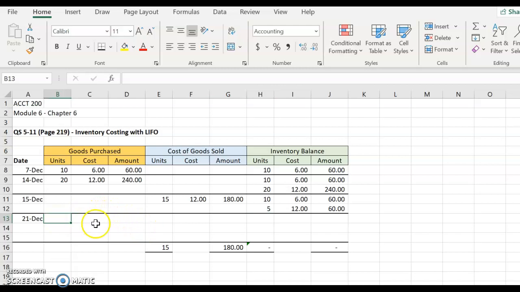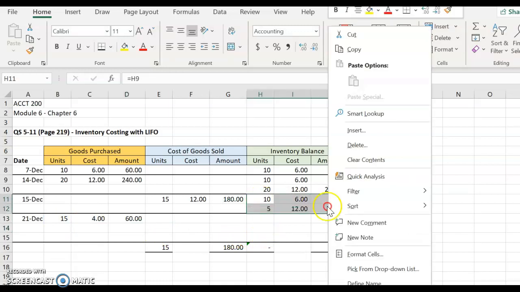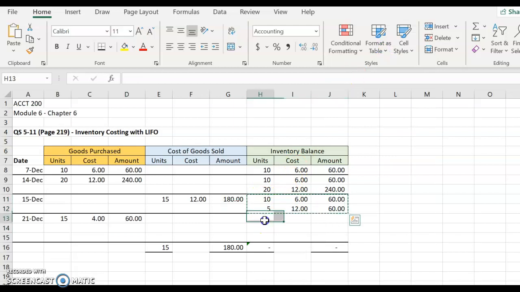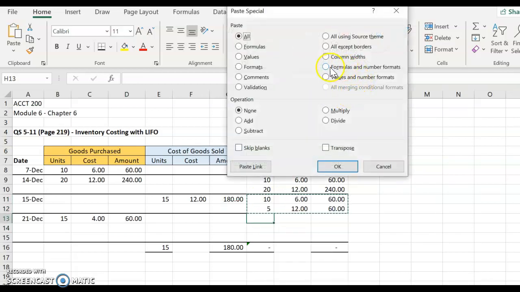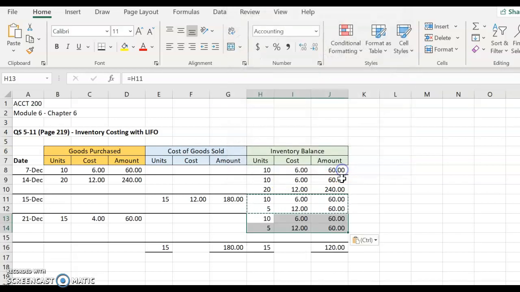And on December 21st, what happens? December 21st, we purchase an additional 15 units at $14. And so we're going to bring that over with these. So we'll copy and paste special. So we got the 10 and the 5.